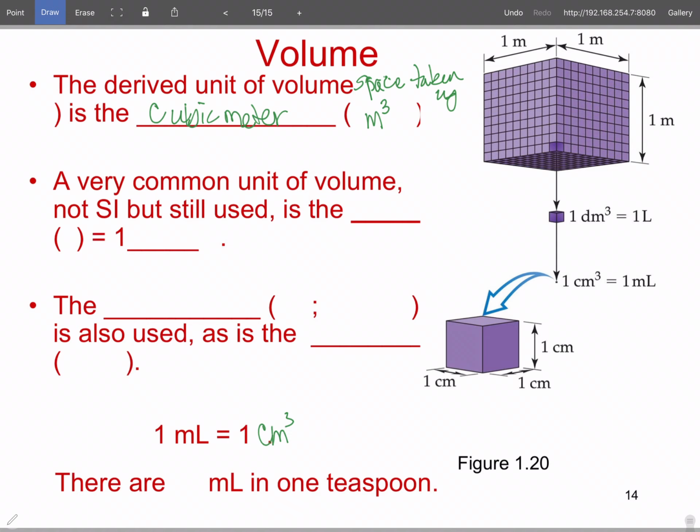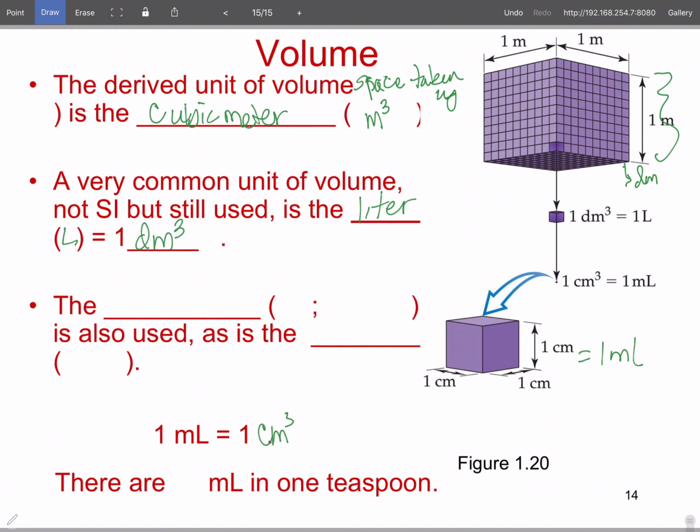Okay, a common unit of volume, but that's not SI, but everybody thinks it's SI because that's what we use, is the liter. It has the symbol L, and by definition, a liter is a cubic decimeter. So if you look at a meter here, this is a cubic meter, and each block is a decimeter. So if you take one cube out, this is 1 milliliter.